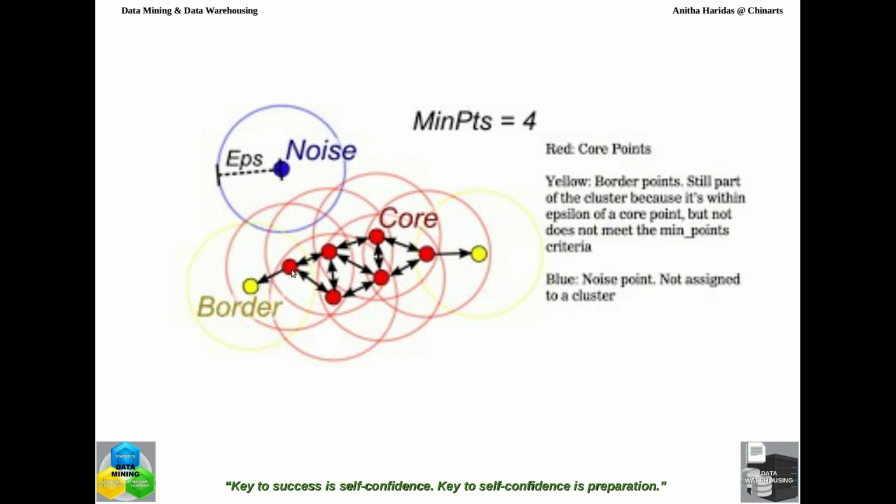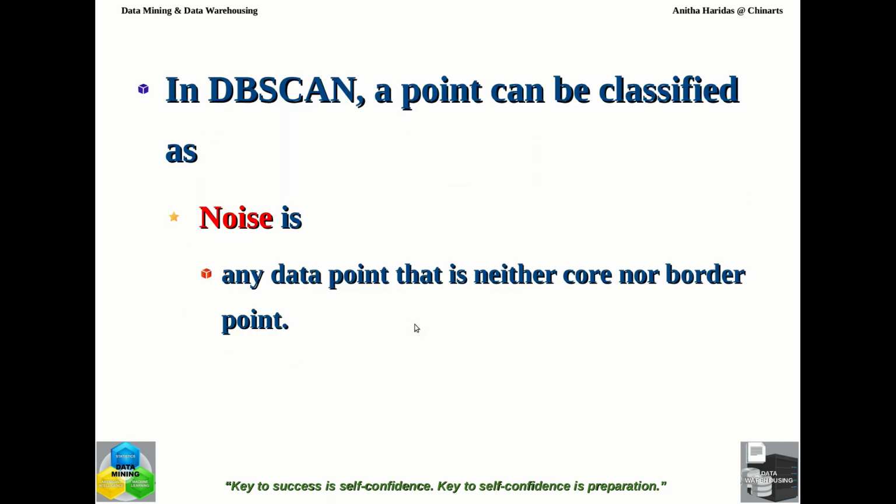It is having only 2 points here, and if you take this data point, this is the epsilon region, and in this region it is having only 2 data points. So obviously this cannot be a core point, but this particular point lies in the neighborhood of another core point, so it can be called a border point.